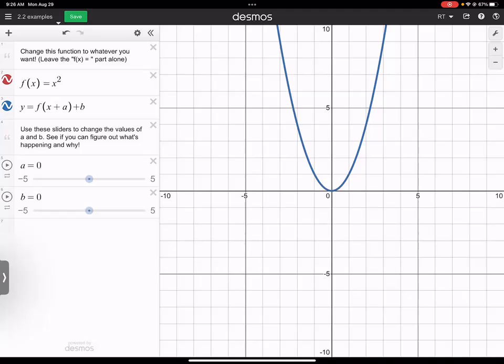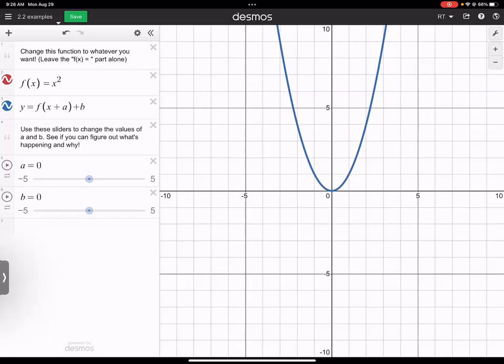What do we think about that as a description of what's happening? Something like that. Okay, so changing a changes x values, changing b changes y values. Look at the way that this thing is defined, right? This is the thing that's making the blue graph there. f of x plus a, plus b.